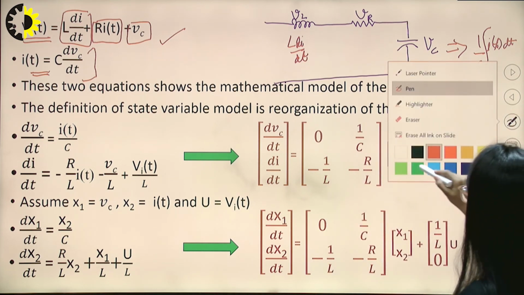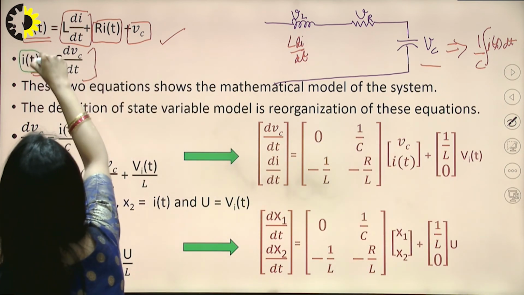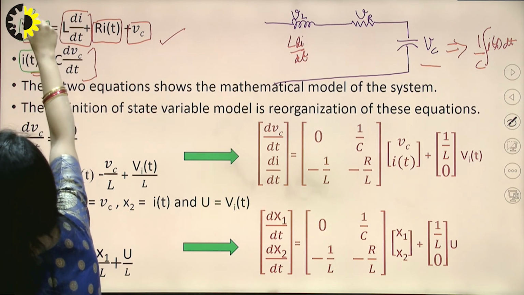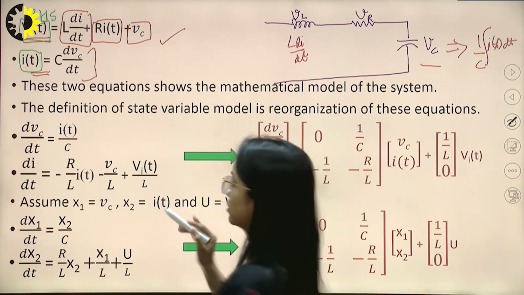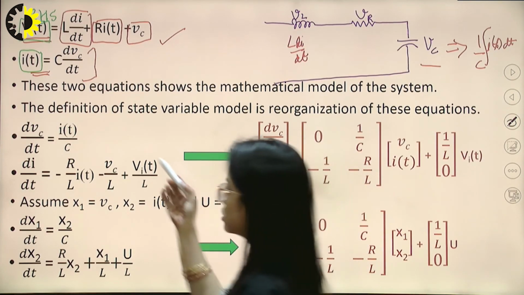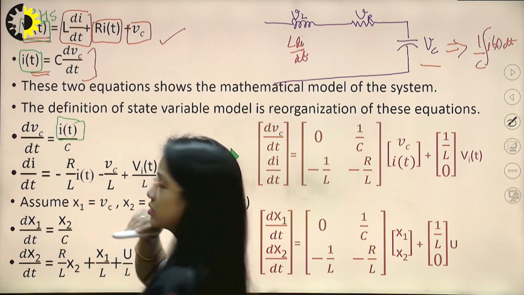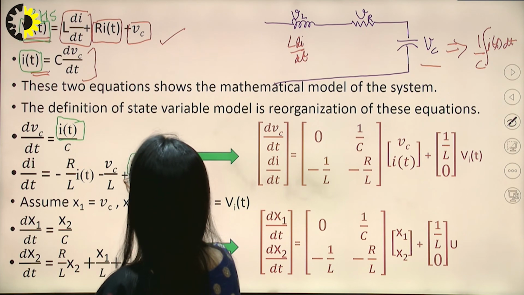Where are the characterizing variables? This is a characterizing variable. This is a characterizing variable. Let's put these on the RHS and rearrange the equation. Here also the characterizing variable is this. We are rearranging it.